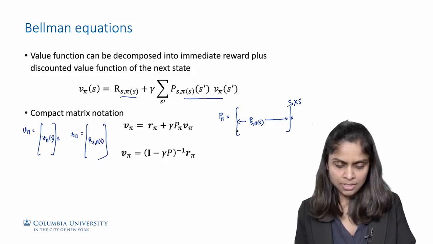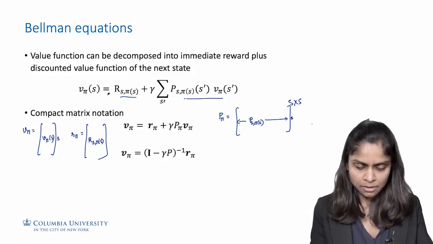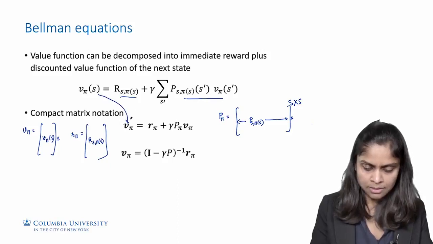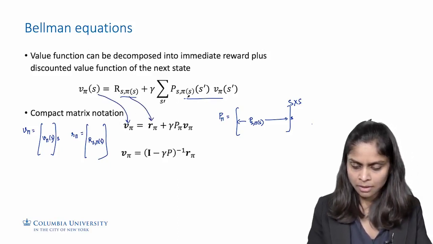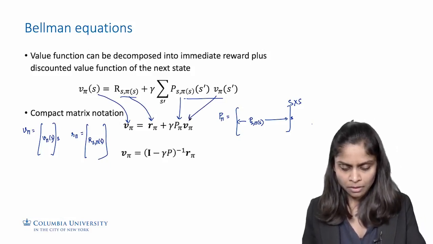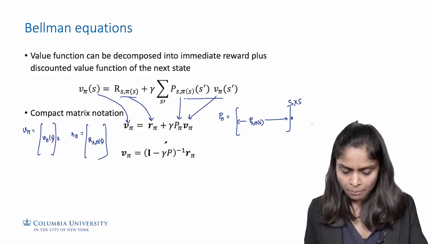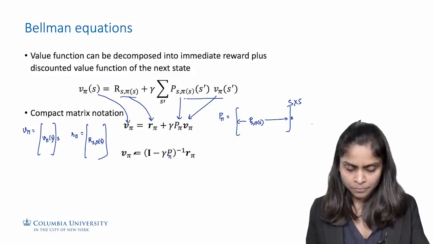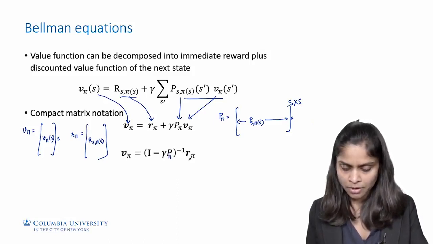From these definitions, it's easy to see that these equations can be expressed in compact form like this. And by moving the terms around, in fact, we can write V pi now in terms of R pi.